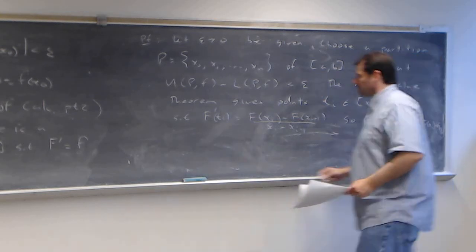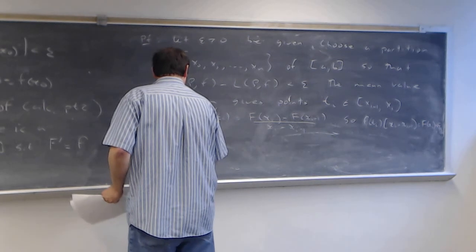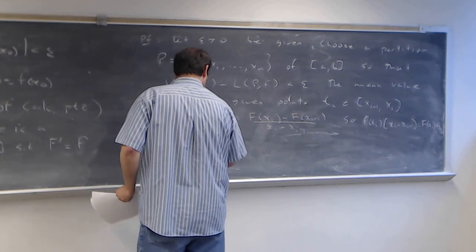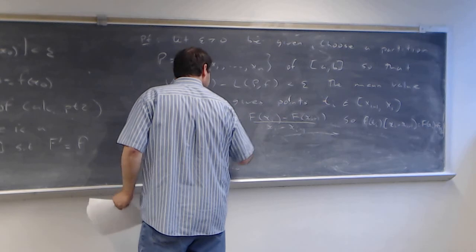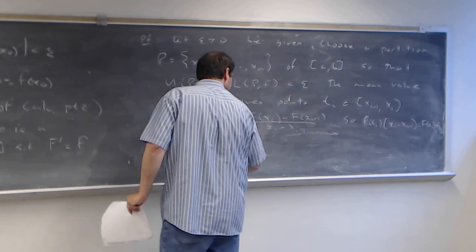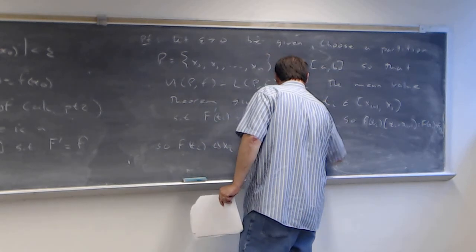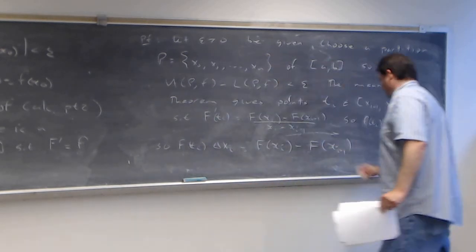So that says that f of t sub i, this other quantity there is symbolized by delta x sub i, and that's equal to big F of x sub i minus big F of x sub i minus 1.